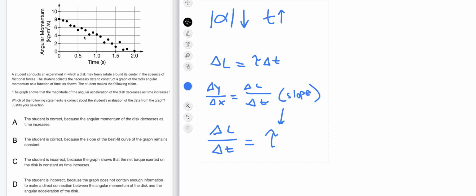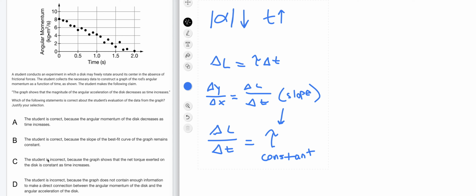That's true, the slope of the best fit curve does remain constant. So that means that the torque is a constant value. We know that's true because this line is linear, so we know that the slope is constant, and since the slope is constant, our torque is therefore constant. So that is true, but we don't know if the student is correct yet.